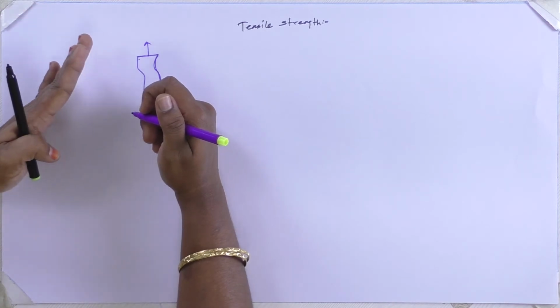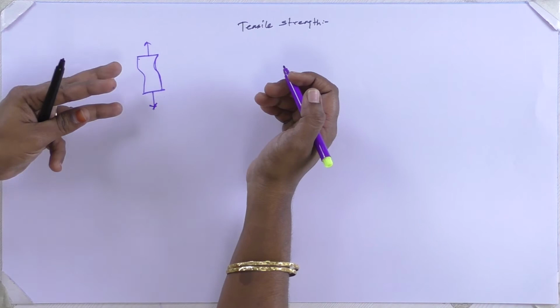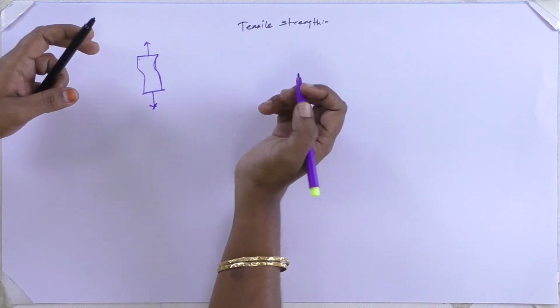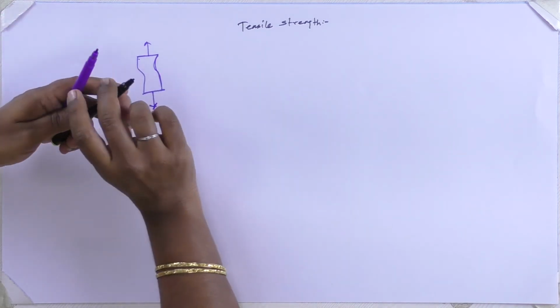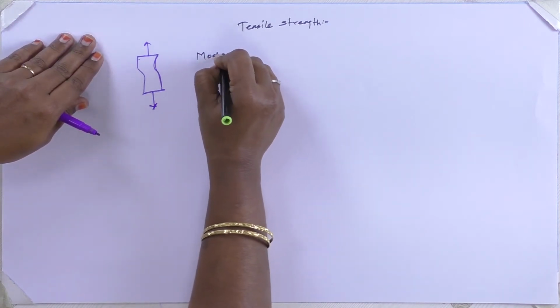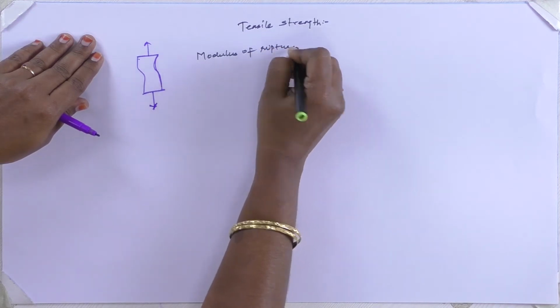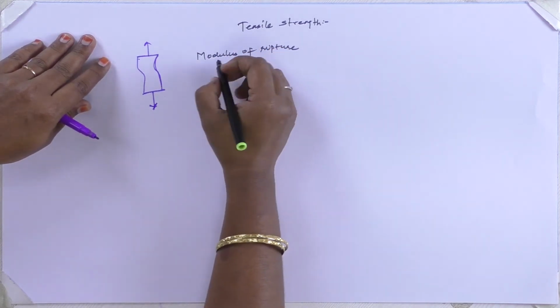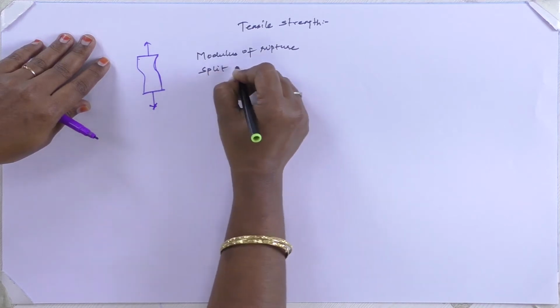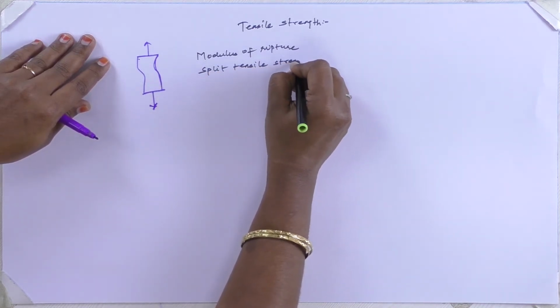So we go in for an indirect measurement of tensile strength. What are those indirect measures? One is modulus of rupture and another one is split tensile strength.